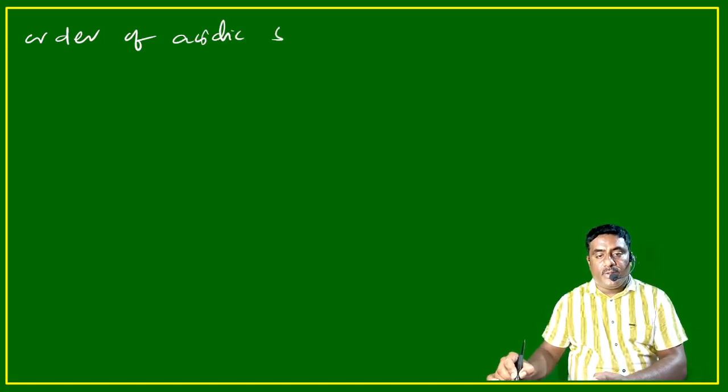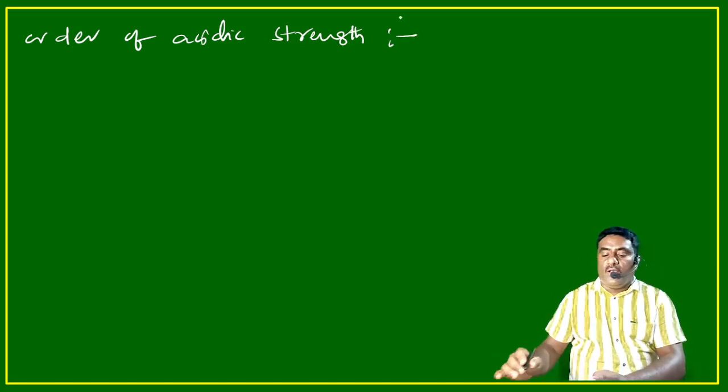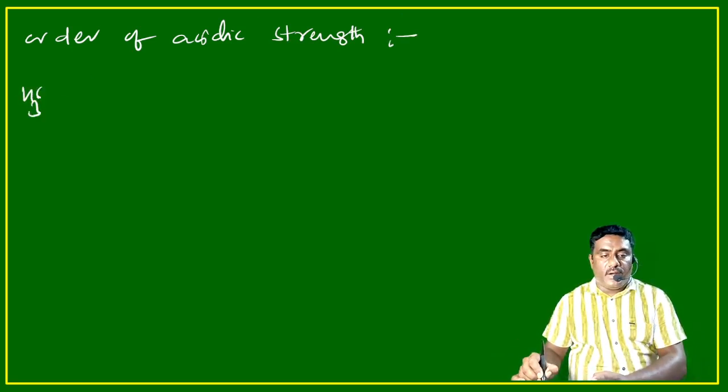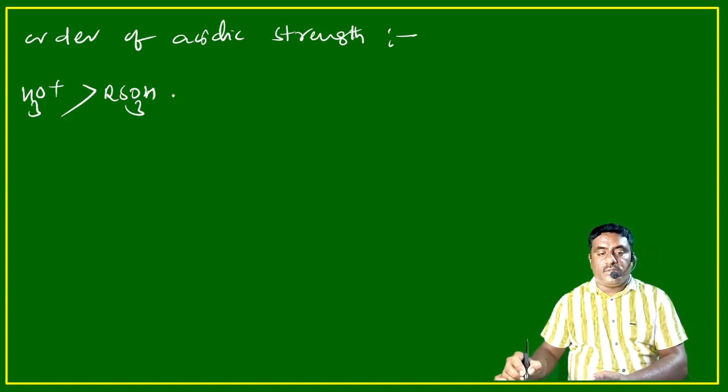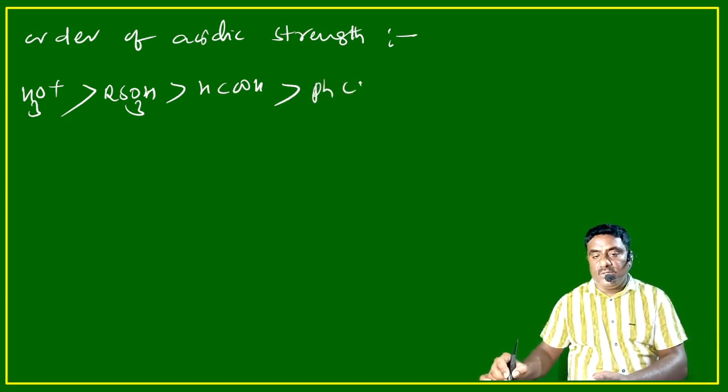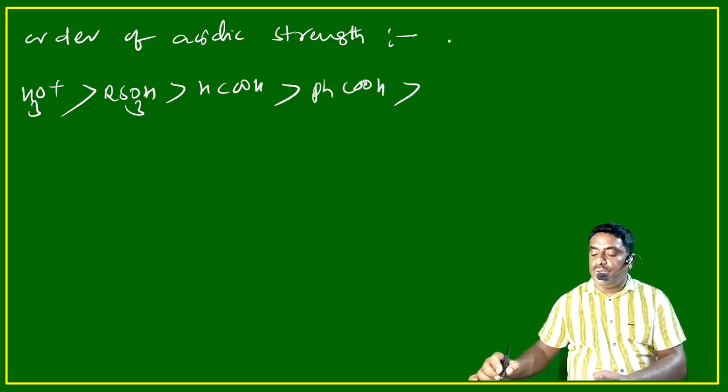Order of acidic strength. H3O+, the hydronium ion, is greater than RSO3H, sulfonic acid, and formic acid HCOOH, and PhCOOH, benzoic acid, and RCOOH, and nitrophenol.